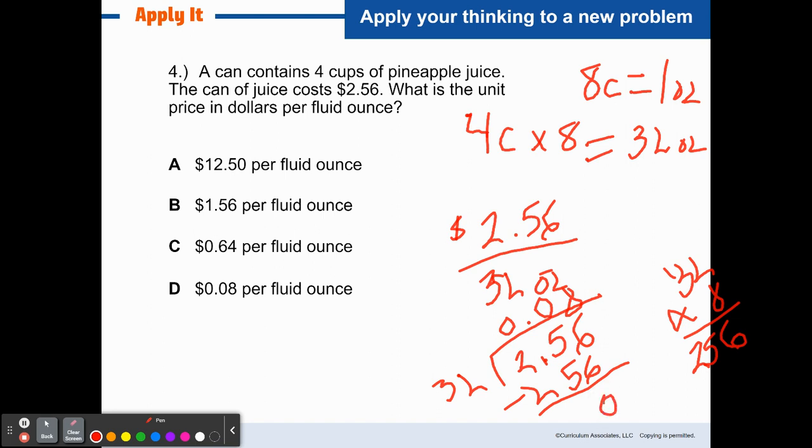We subtract, get our 0 there, nothing else to do. So 8 cents per fluid ounce. Make sure you show your work. For this one, I converted my measurement first and then went from there. Remember from earlier in our lesson, there's different ways that you can work that, so that's completely up to you.